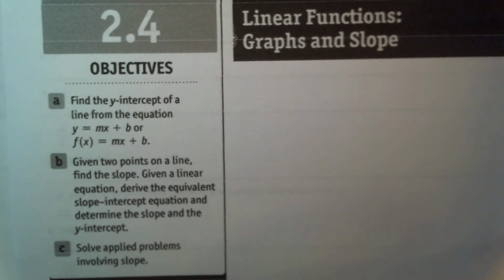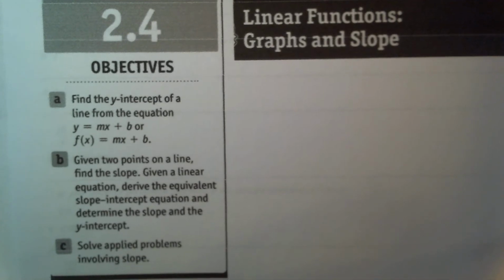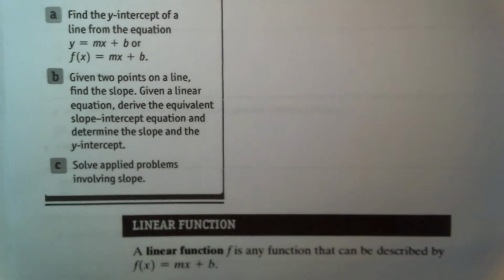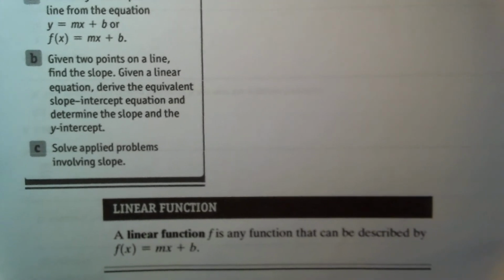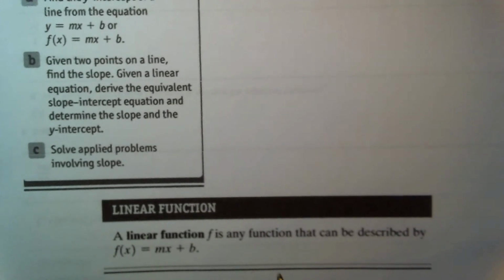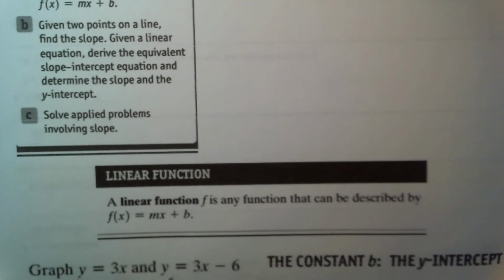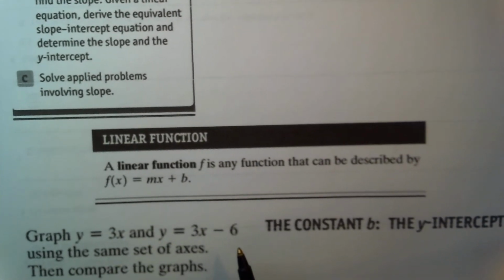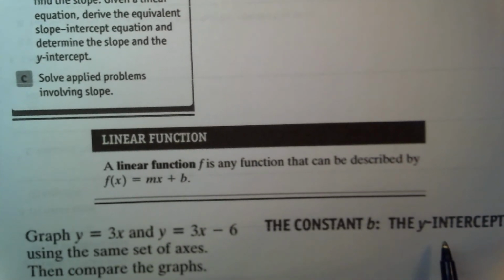All these concepts actually have an application, and we'll see that. So first of all, we can define a linear function as follows. A linear function f is any function that can be described by f of x equals mx plus b. Let's talk about the constant b, called the y-intercept.